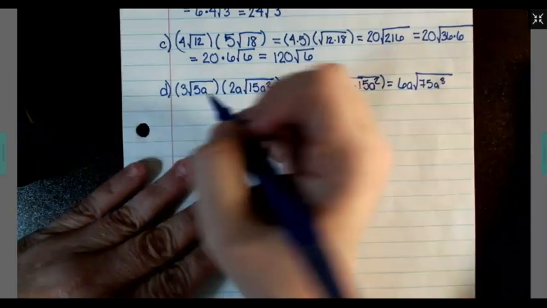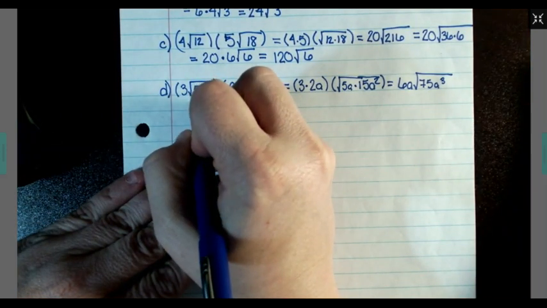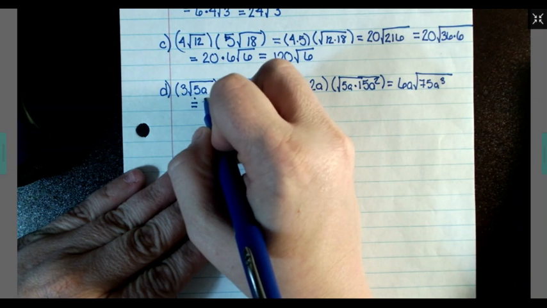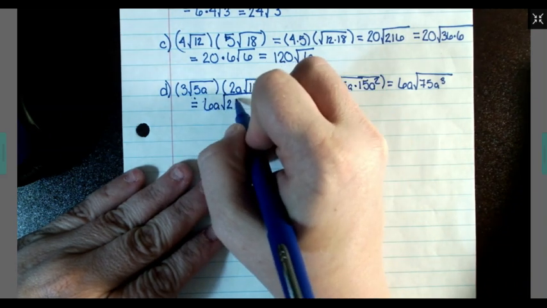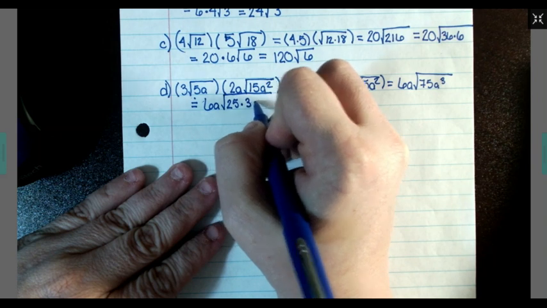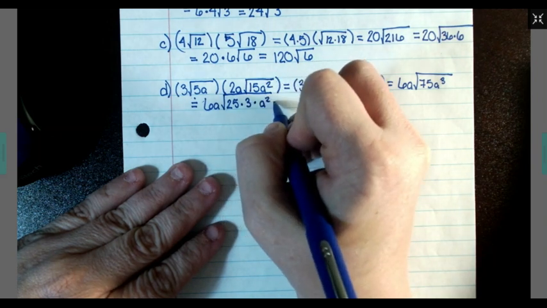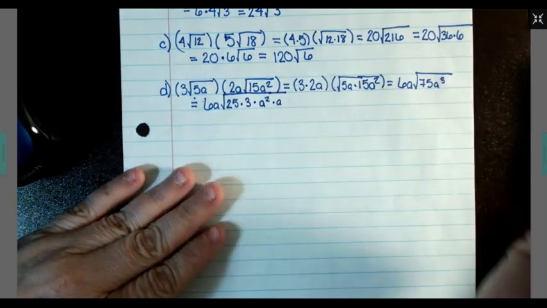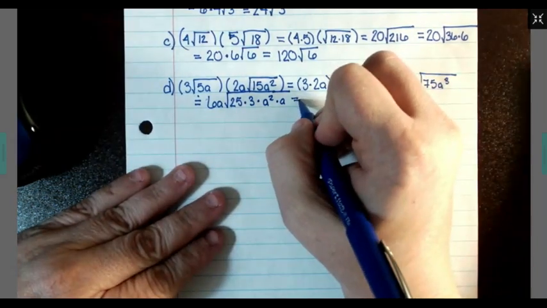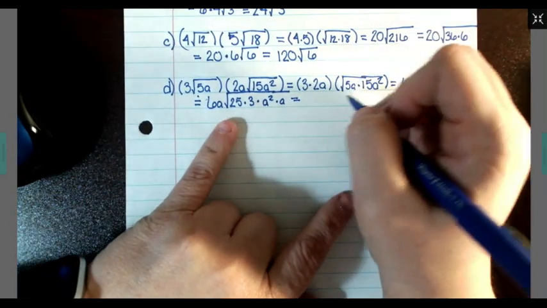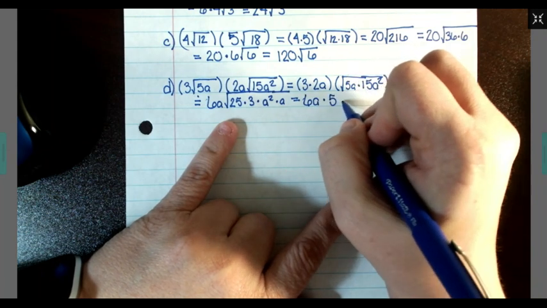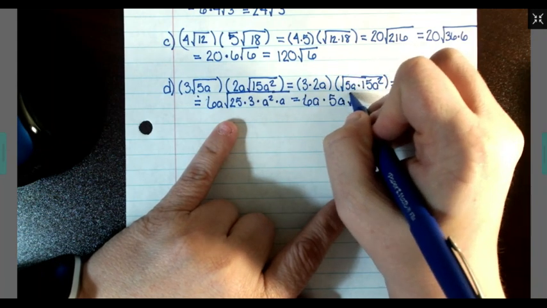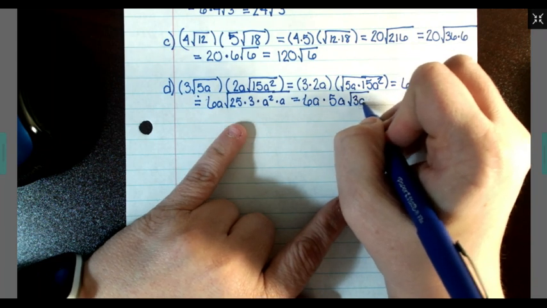Now, I have a perfect square that'll go in there. That's 25. So I got 6a. And we're going to have 25 times 3. And then we're going to have a squared times a.